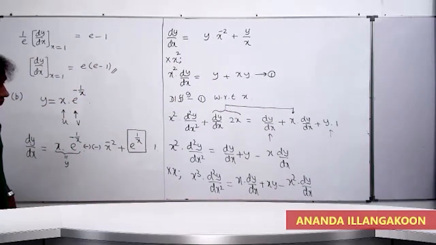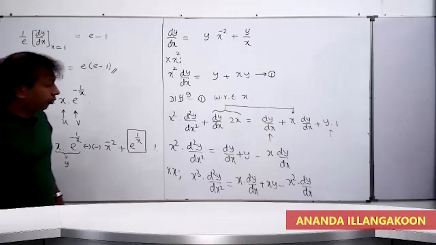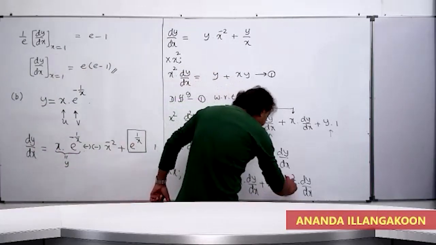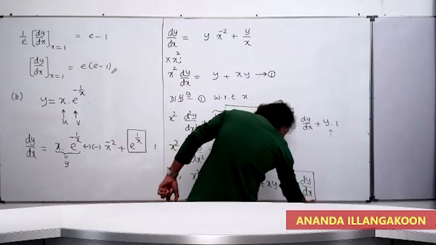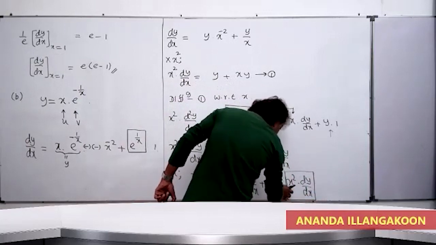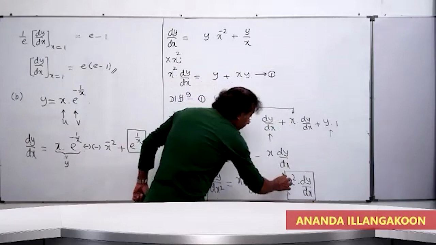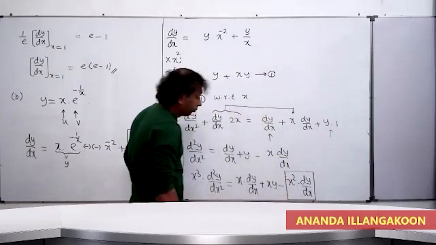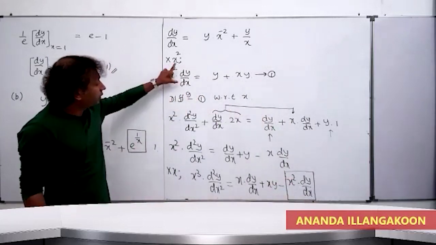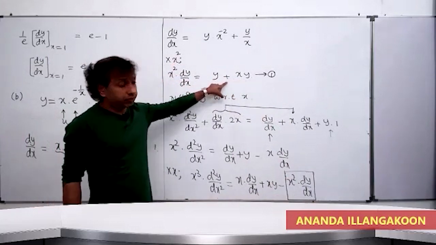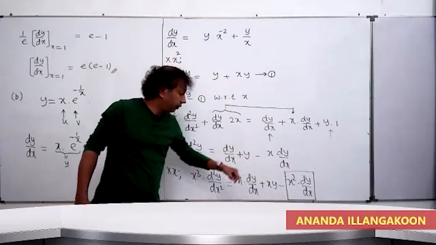Right, people. Now, for this x squared dy by dx, put this y plus x side there and simplify.